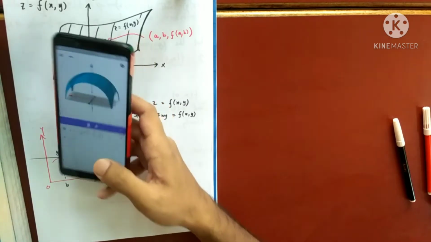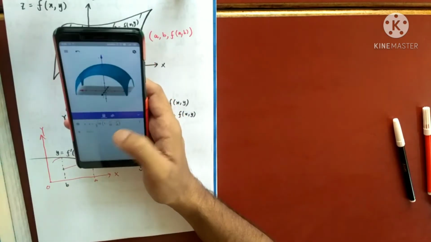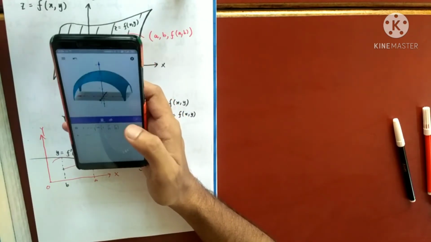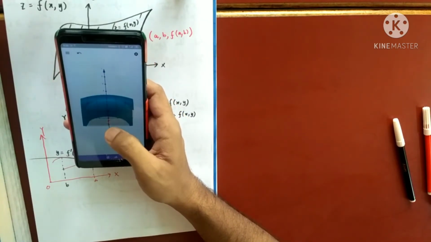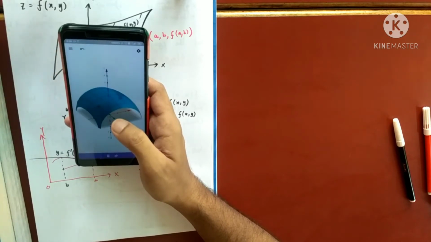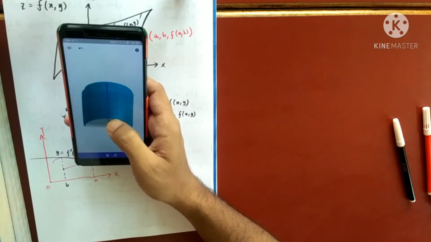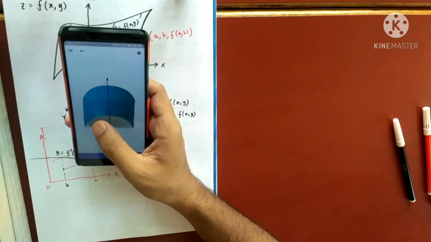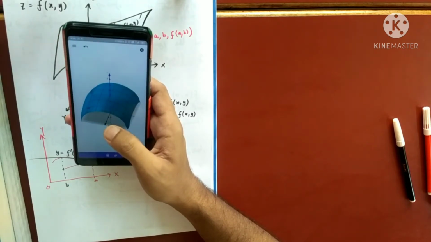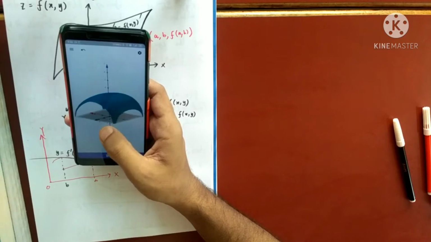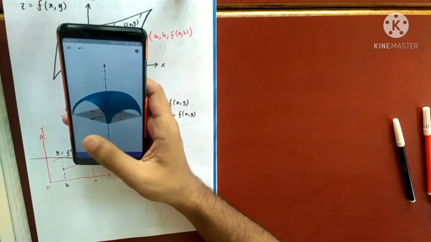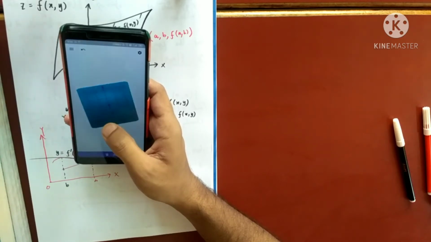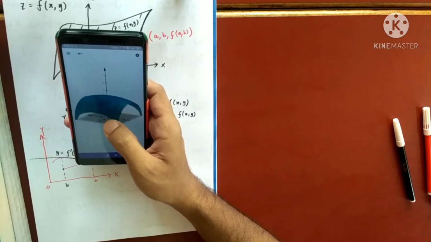So this is a function of two independent variables x and y. You take any point x and y here in the floor, that gray one, that's the xy plane, and you get a point corresponding to that blue surface. So this is how the surface is.